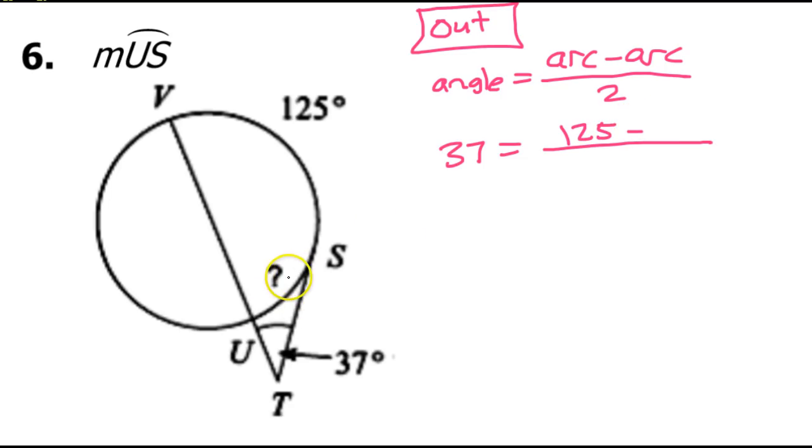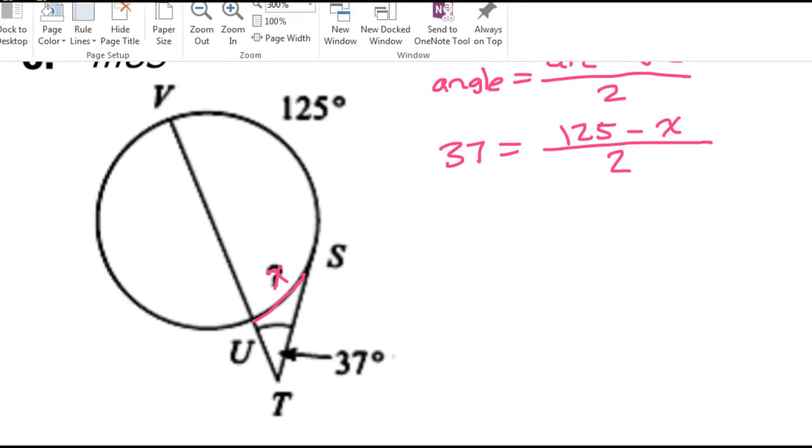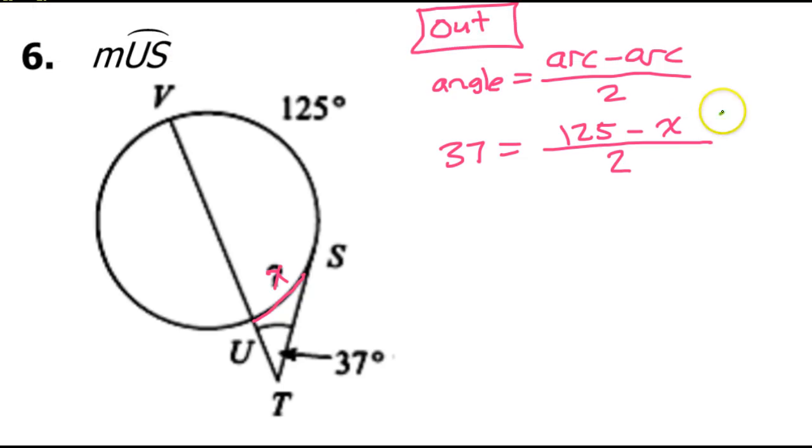The small arc is the thing that we are looking for, all right? This is the small arc right here. So that's x divided by 2. And of course, our first move will be to get rid of the denominator by multiplying both sides by 2. That way we can cancel these out. So this is going to give us 74 is equal to 125 minus x.